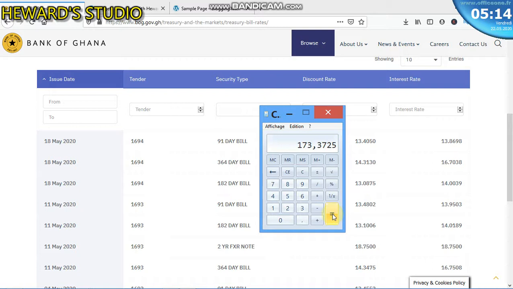That will come in addition. So you see that at the end of the maturity period, instead of your 5,000, you will receive 5173.3725 in your bank account. If it was the 1 year, it will come like 5835 point something.